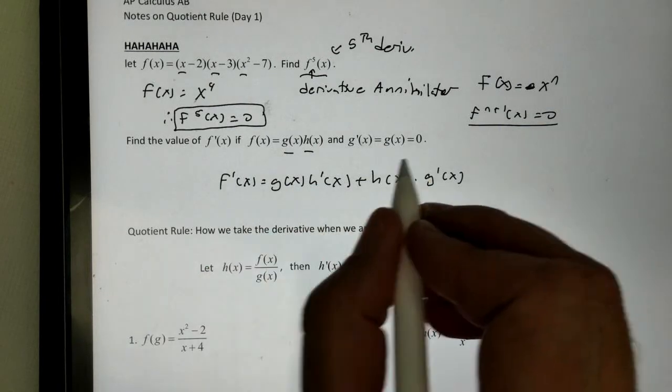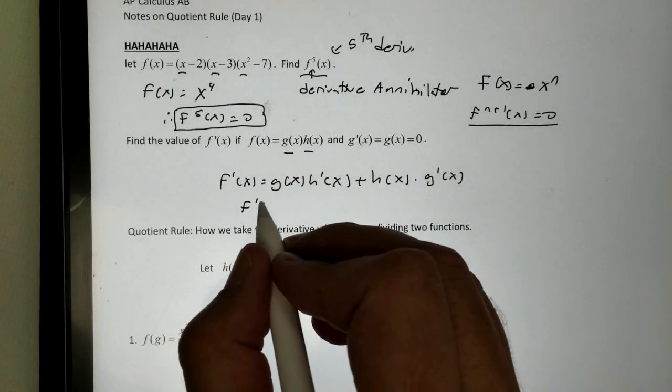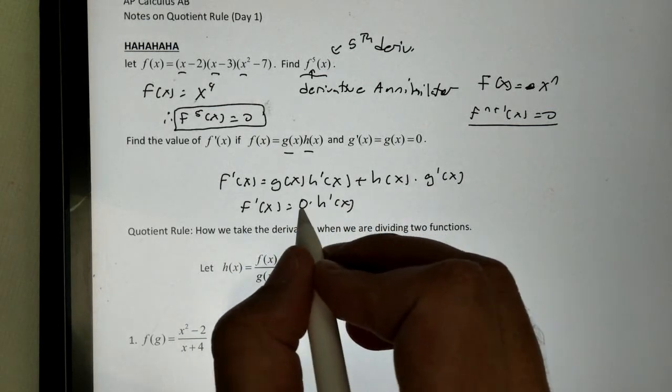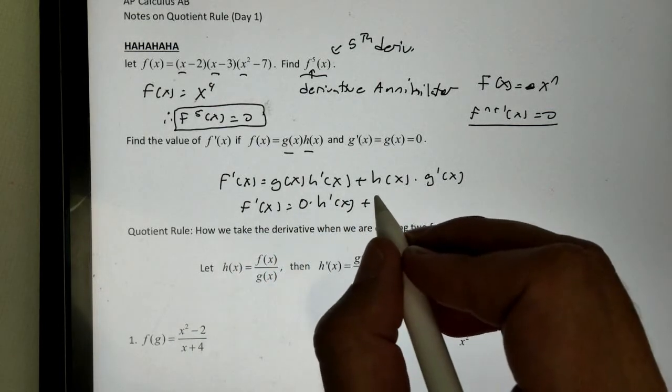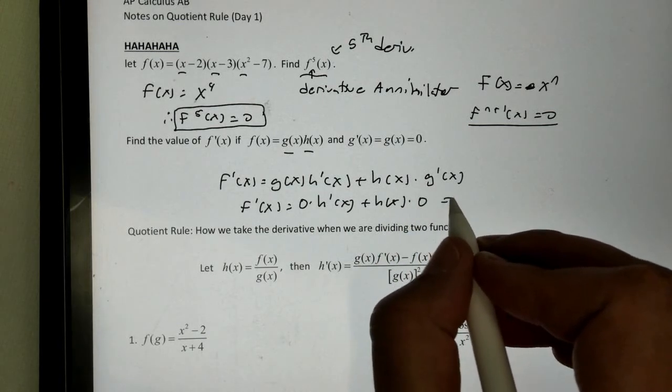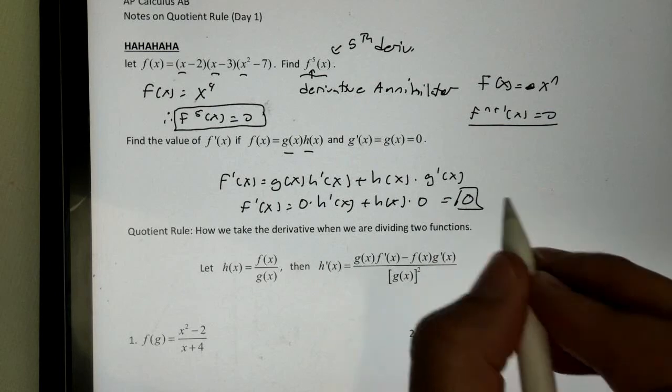So we're going to plug in zeros for those that we can. We know g of x is 0, times h prime of x, plus h of x times g prime of x, and I know that this is 0. So obviously this is just going to be 0 right there.